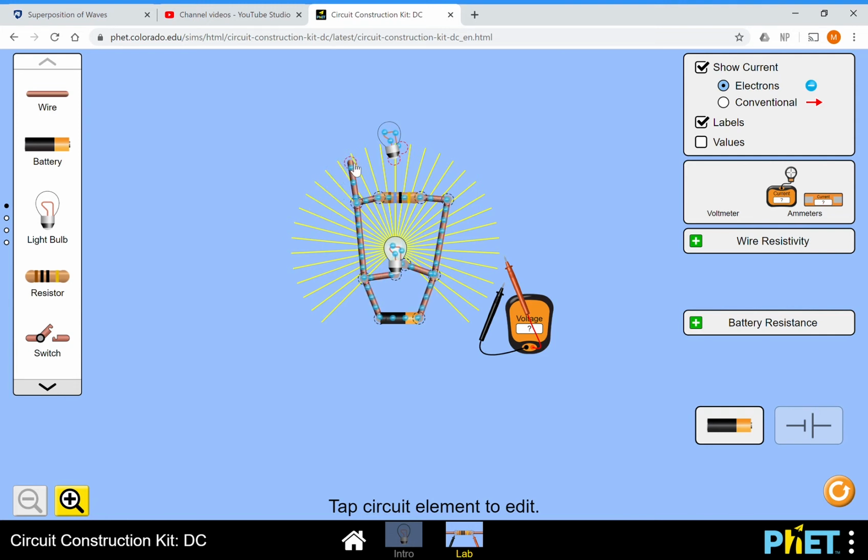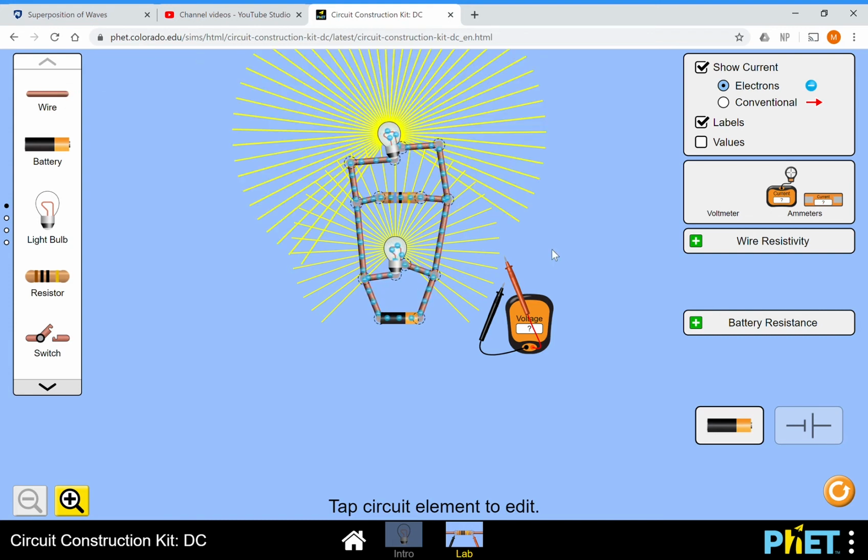Now I just have to connect my third light, and I'll do it like this. One more wire will do it. I'll make another junction here. All right, so here's the deal.